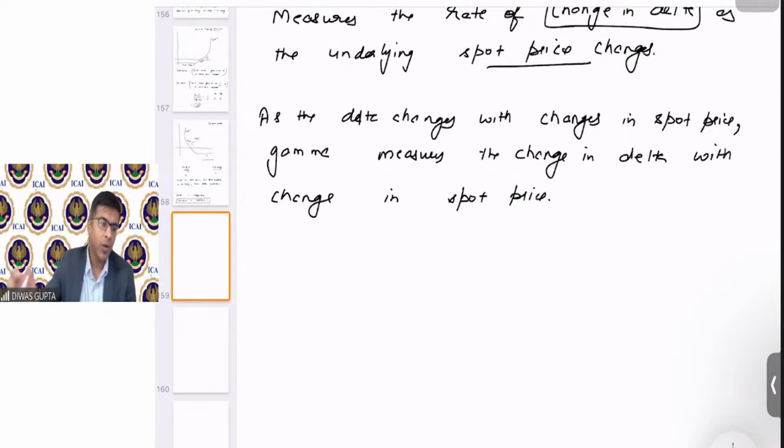Okay, students. Now, gamma is actually the highest at the money option.